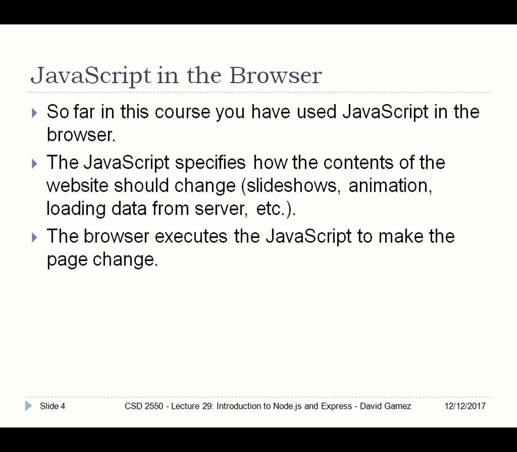And in coursework 2, you've even been loading some data from the server using Ajax with JavaScript. So here you have the JavaScript code, which is loaded by the browser. The browser works its way through the JavaScript code, and depending on what the JavaScript code specifies, it makes appropriate changes to the interface.